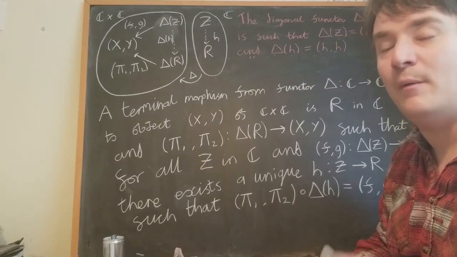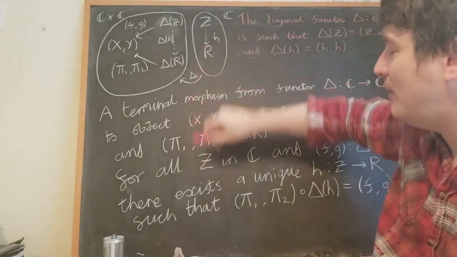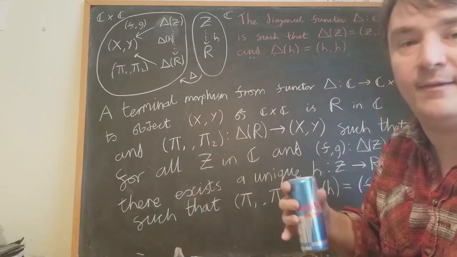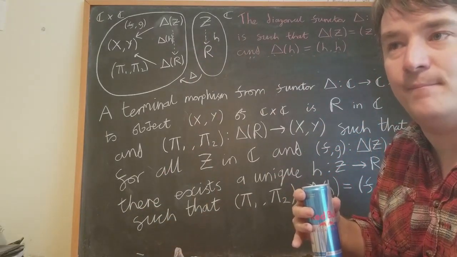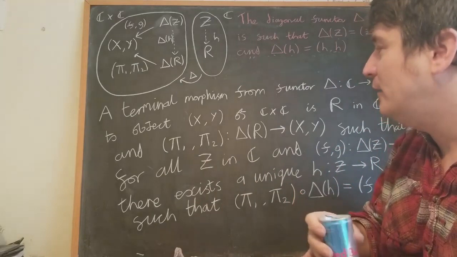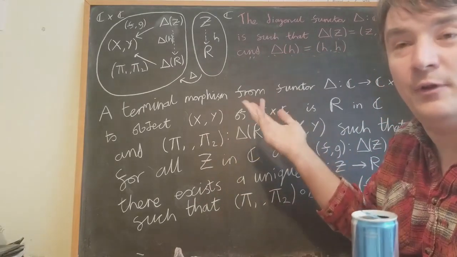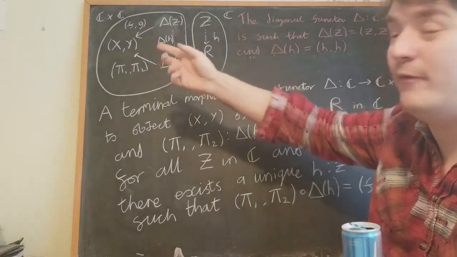When we look at how such a terminal morphism is defined, we're going to get that it looks exactly like a product. It looks just like the categorical product of x and y.